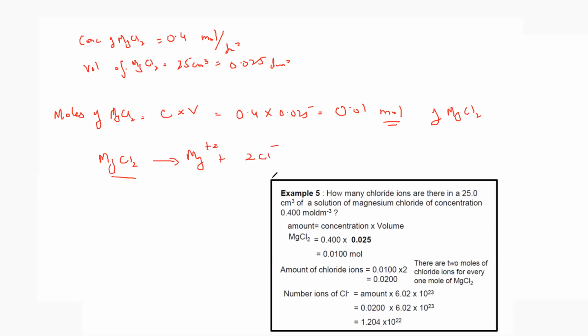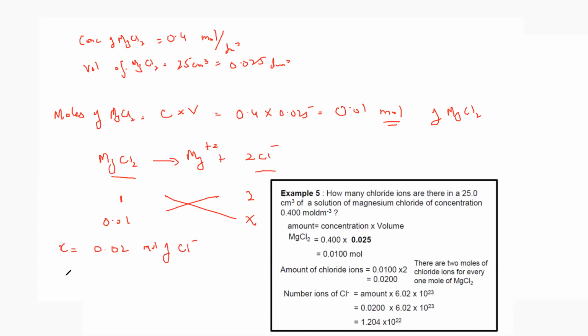So the ratio of magnesium chloride to chloride ion is 1:2. One mole of magnesium chloride gives 2 moles of chloride ions. If we have 0.01 moles of magnesium chloride, how many chloride ions will there be? We cross multiply: 0.02 moles of chloride ion.